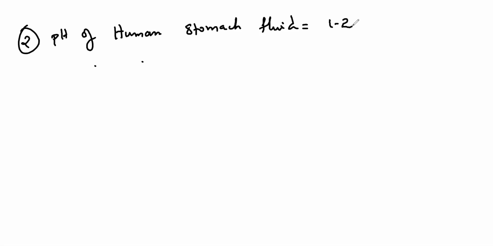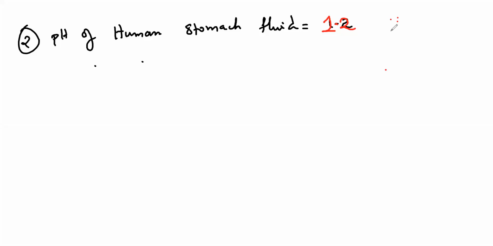pH is given again for this. The same question only, the pH is given. So here the pH of the human stomach fluid is 1.2.